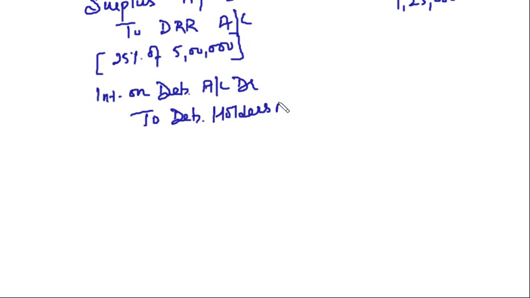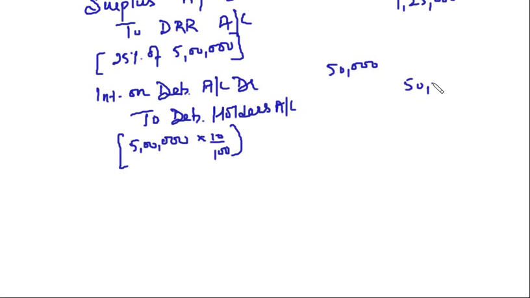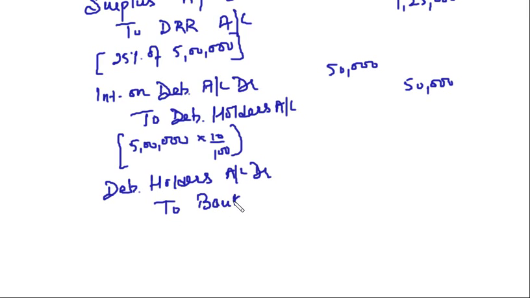This is interest due. How much? On 5 lakh rupees face value at the rate of 10%, 50,000. And then the interest is paid. For that we'll say debenture holders account debit to bank account, 50,000 and 50,000.